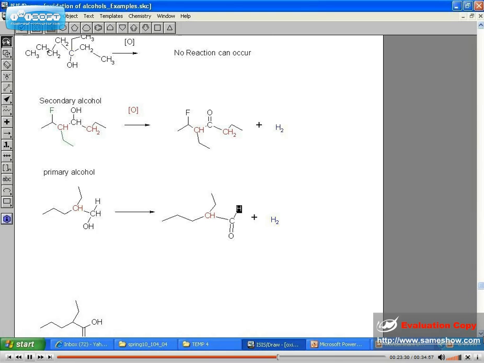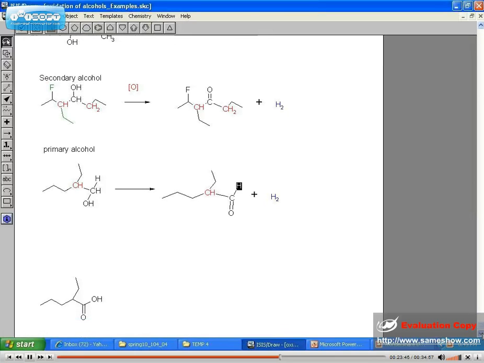In this case, I wouldn't actually make you do two back-to-back reactions like this. What I could do, however, is I could give you something which would produce a product that looks like this. This is the acid. So what I'm going to do is I'm going to erase this one right here.